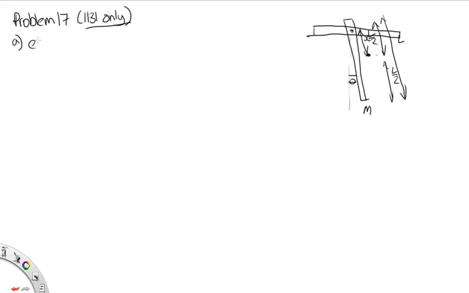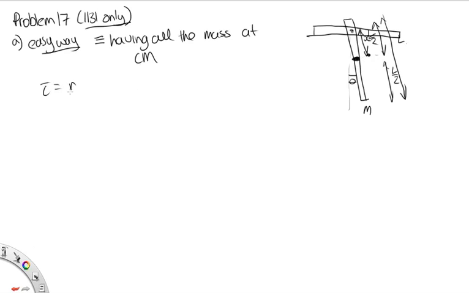The easy way is to say that this is equivalent to having all the mass at the center of mass, so at this point here. So if we do that, then torque is equal to R cross F, and so the distance from the center of mass, which is what this R is, is x.